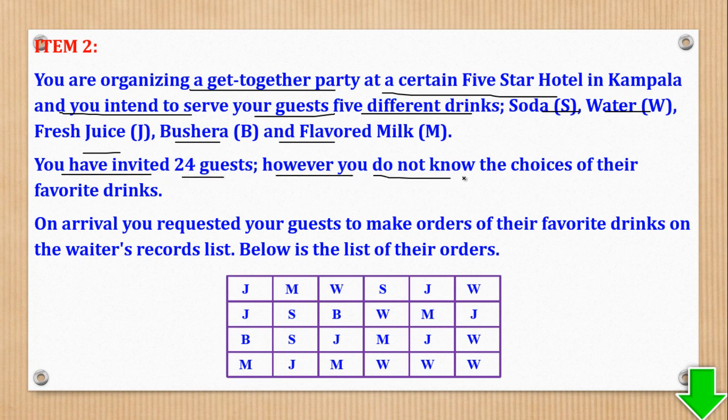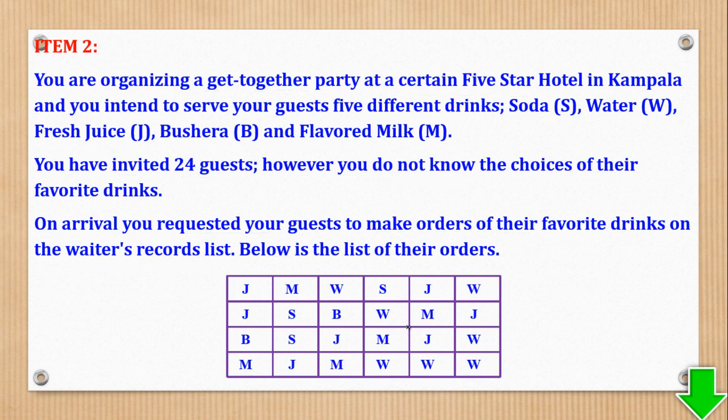However, you do not know the choice of their favorite drinks. On arrival, you requested your guests to make orders of their favorite drinks on the waiter's record list. Below is the list of their orders. Like they told us, J means fresh juice, B means bushera, M means flavored milk, W means water, S means soda.